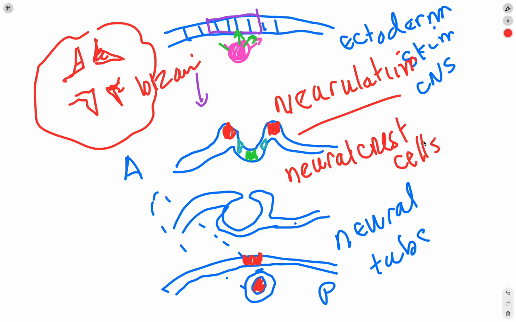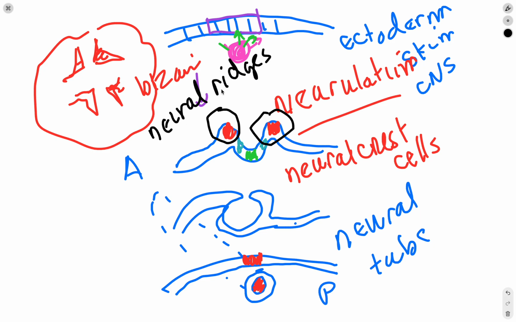Crest, like the top of a hill, and you can see that's a great name for them, because as these rise up, it's a little bit like the ridges along a valley. The ridges are actually called the neural ridges or neural folds because they're going to fold over.